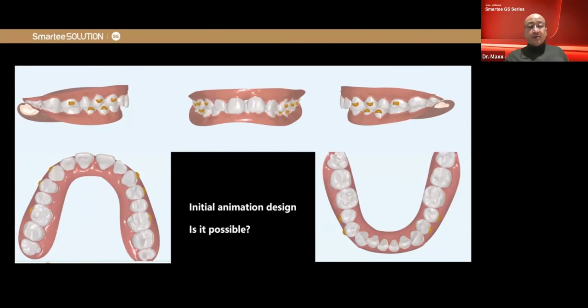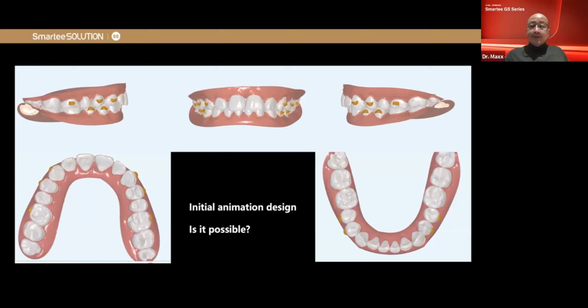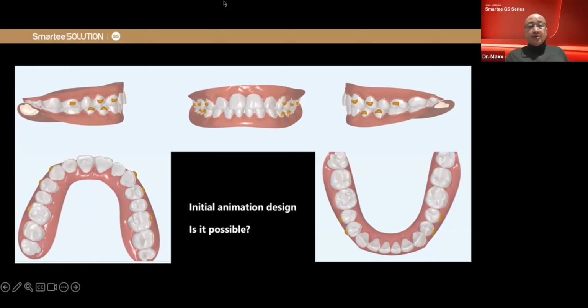This is the initial design. So is it possible? Everyone may think it's so doubtful. Maybe it's not impossible.